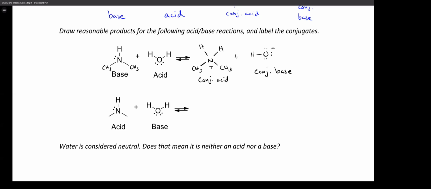On the other hand, if we thought of it the other way around, if you think of the amine as the acid, this would give you a negative charge there and 2 lone pairs on the nitrogen. And then hydronium ion.